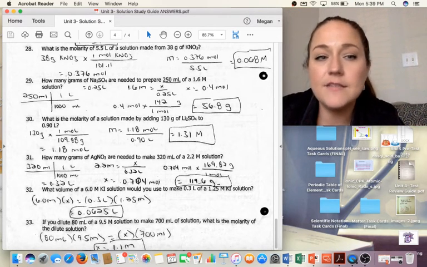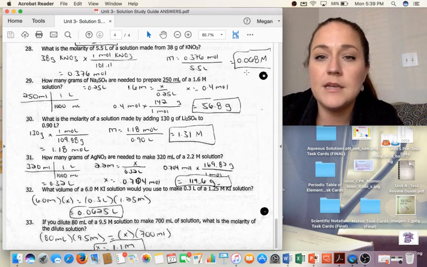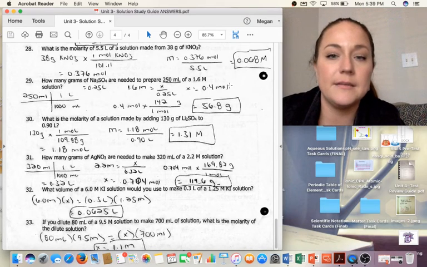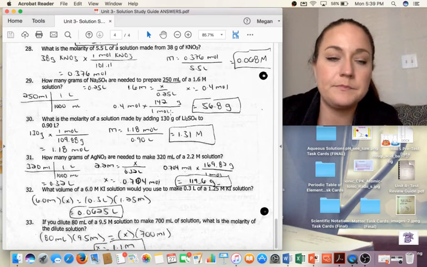And that gives you 0.376 moles. Now, when you're trying to find molarity, moles go on top, liters go on bottom. Your final answer should be 0.068 molarity. Big M, big fat M. Please do not forget that.